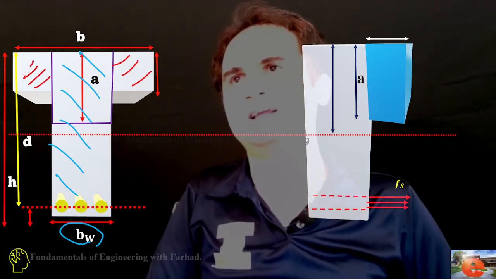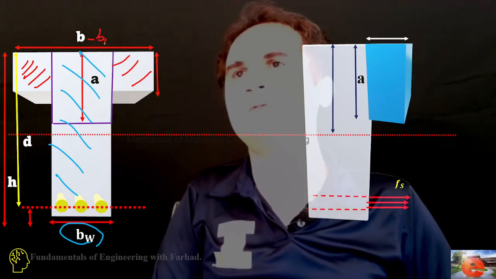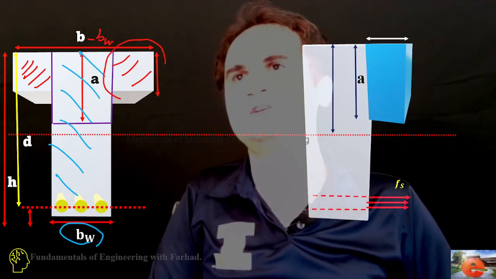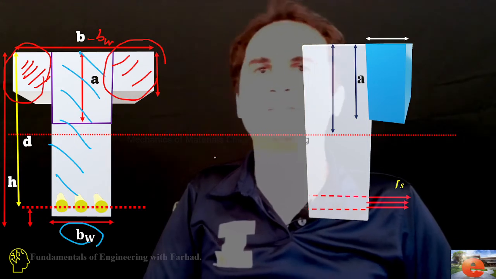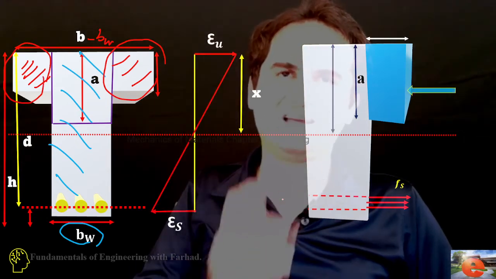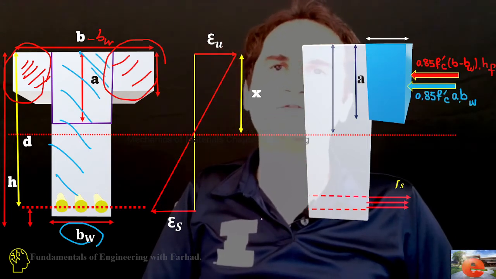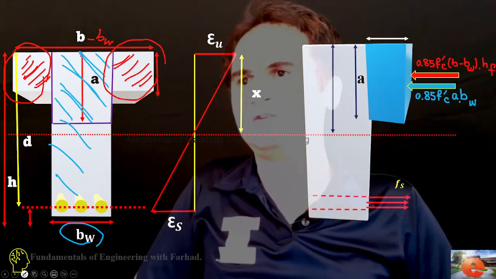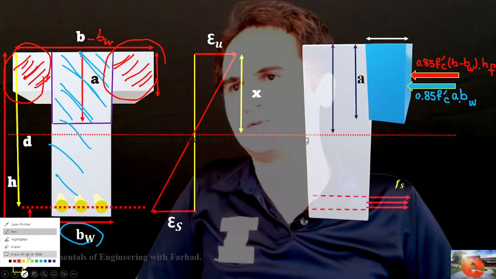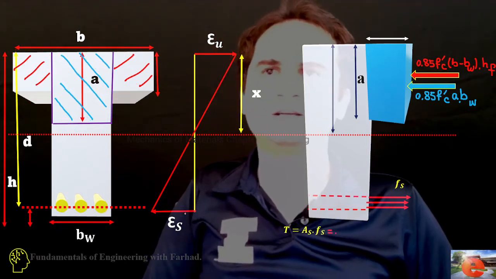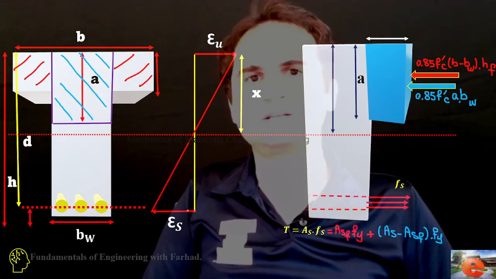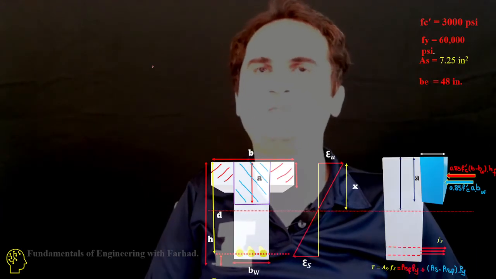So that's B minus BW, because we are just considering these two extra parts. For creating that, we simply dissect the section into two parts.